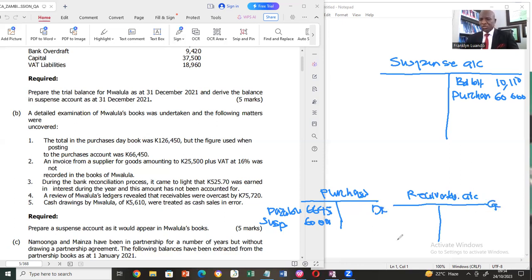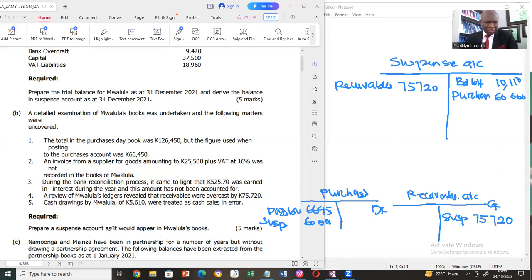Therefore, if it's overcast, to make the correction, you credit receivables, and this will go to suspense. Suspense 75,720. And here we have credited receivables. In the suspense, we are going to debit 75,720.